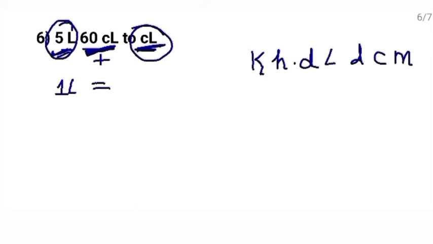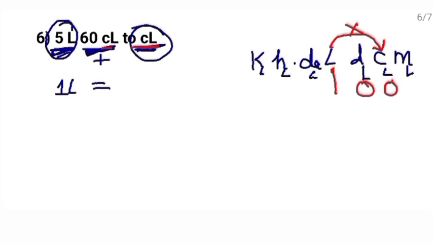Now this becomes kiloliter, hectoliter, decaliter, liter, deciliter, centiliter, milliliter. Clear? They have given in liters, 5 liter. So you are on this point and you want to convert it into the centiliter. Where is centiliter? This. You are moving forward. So it means you will multiply by which number? 100. So 1 liter is equal to 100 centiliter.